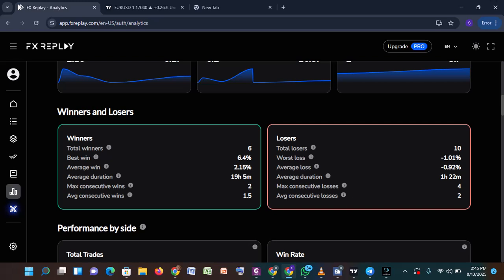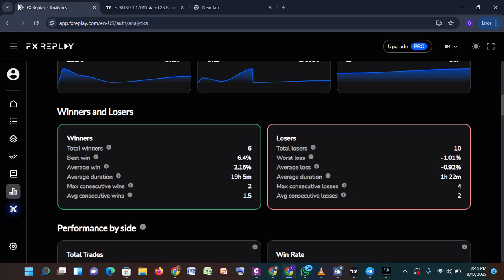My best win is 6.4%, and my average win is 2.15%.